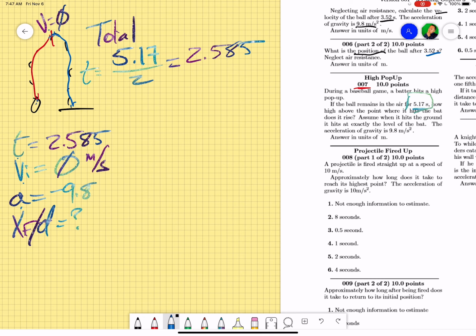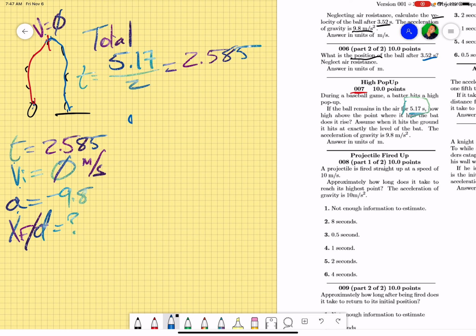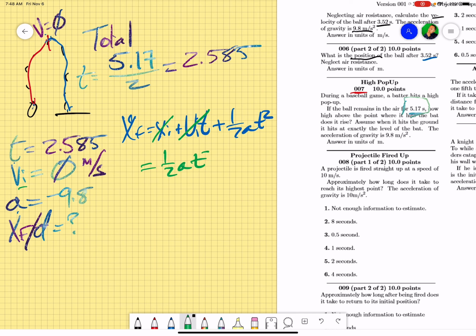So I'm going to pick the big ugly equation: xf is equal to xi plus vit plus 1/2 at squared. All right, start crossing stuff out. xi, if I don't ask for or give it, my initial position is 0. My initial velocity is 0. That's why I picked the trip falling down, so that I can make this initial velocity 0. So all I have left is 1/2 at squared.